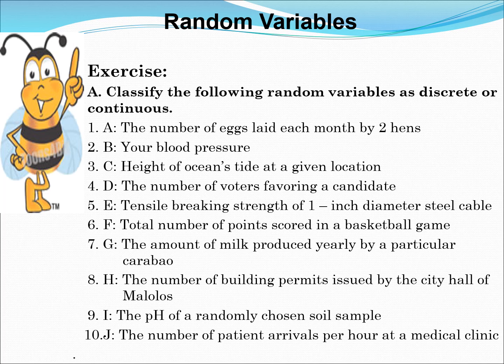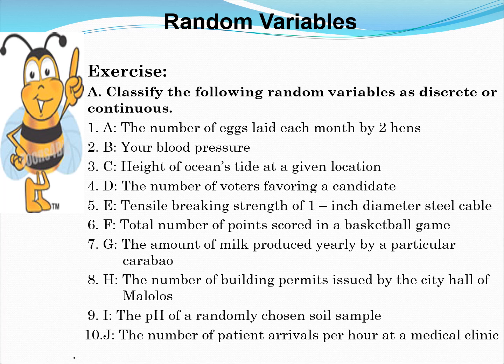The number of eggs laid each month by 2 hens. Is it continuous or discrete? Very good, that is discrete. Your blood pressure is continuous. Height of ocean's tide at a given location is continuous.